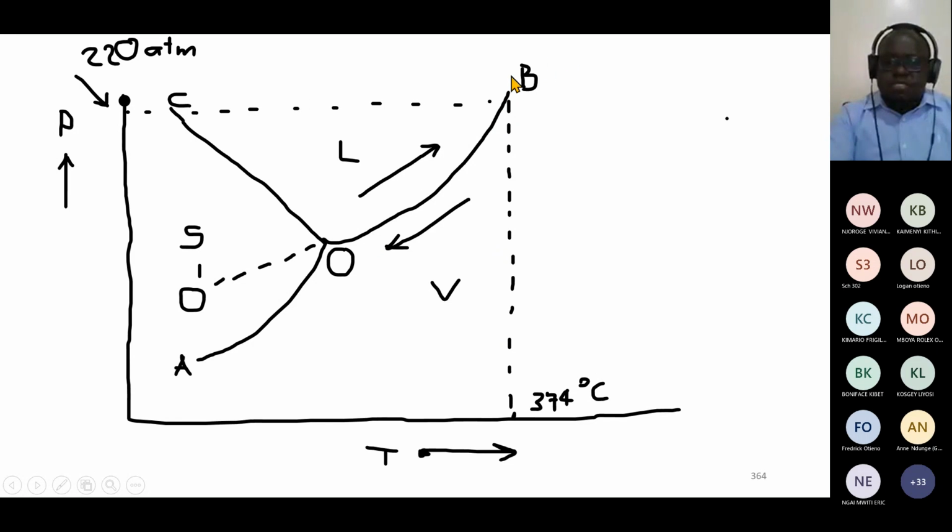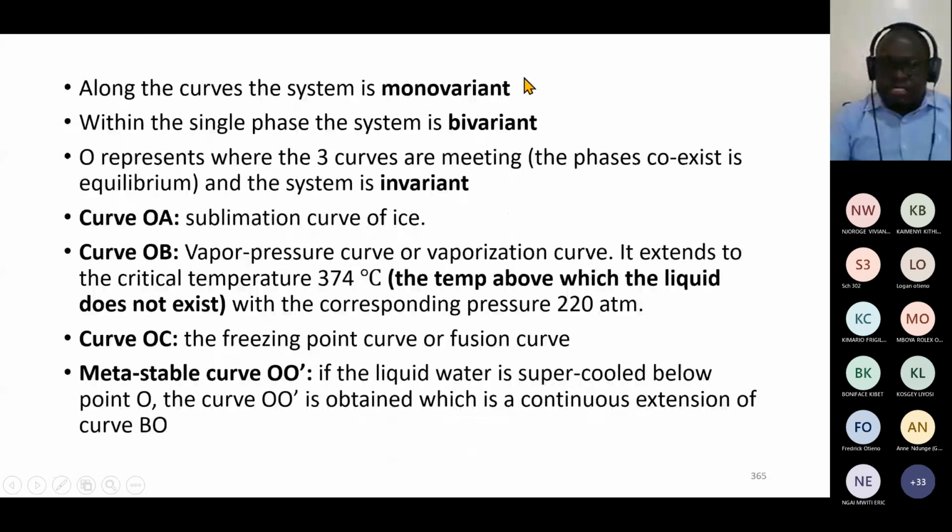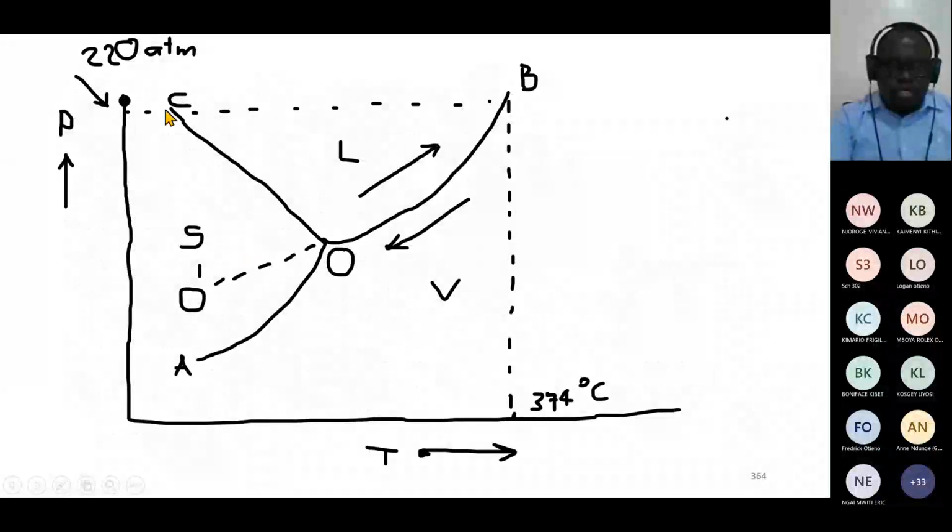Beyond that point, no liquid exists. So above this temperature, 374, the liquid does not exist. And the corresponding pressure is 220 atmospheres, which is what we have at this point here.